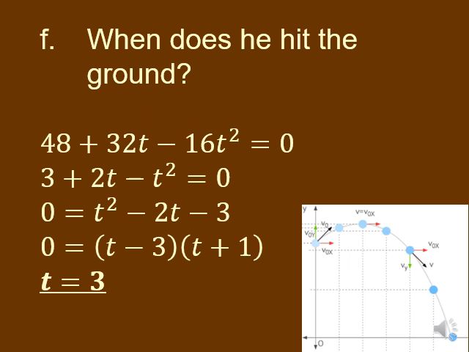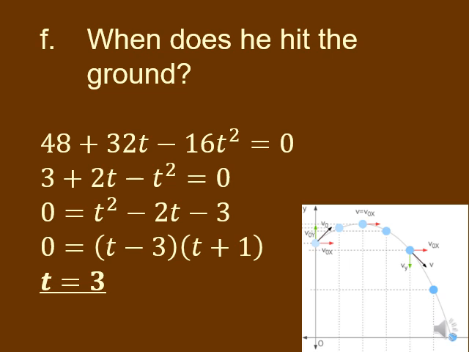Of all the problems, the one that probably takes the most work is when does he hit the ground? And you notice what I did here is I set the original function equal to 0. Now I could solve that in any way I wanted to. I could have used the quadratic formula. What I chose to do here, though, was to factor.